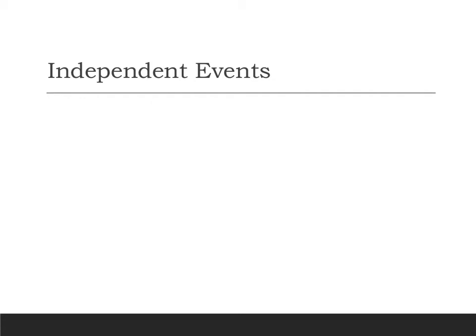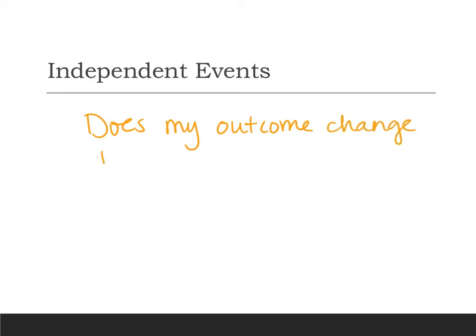So one thing that is useful to think about if you're trying to determine whether or not something is independent is basically, does the outcome that I get change the possibilities?